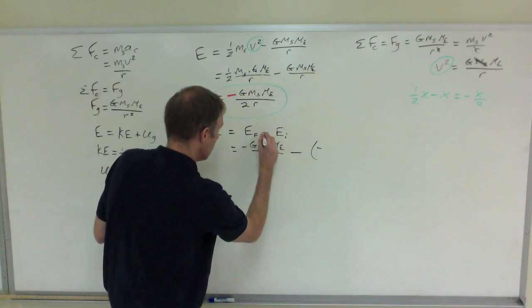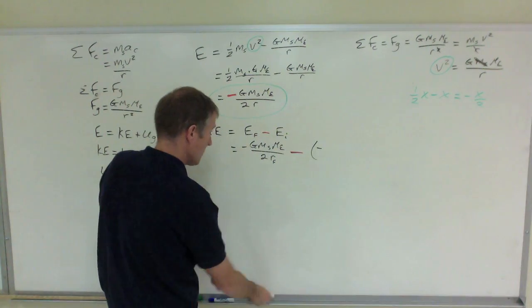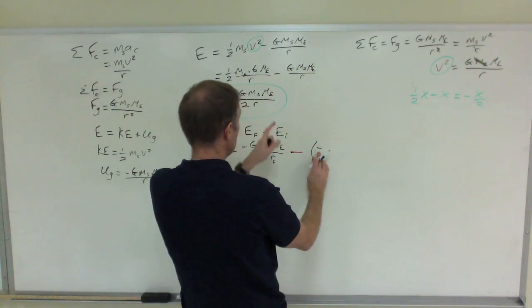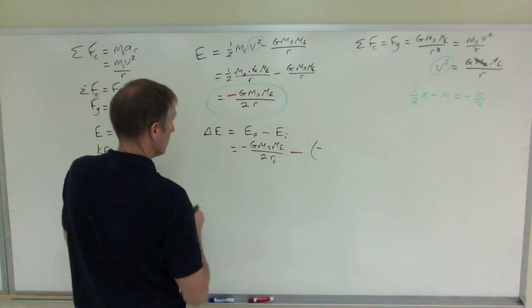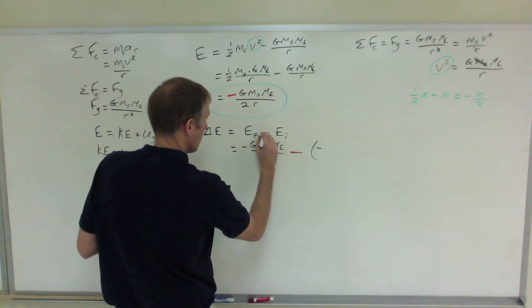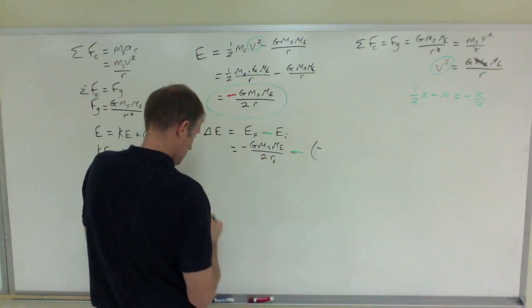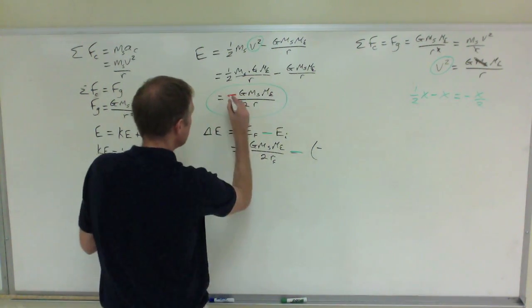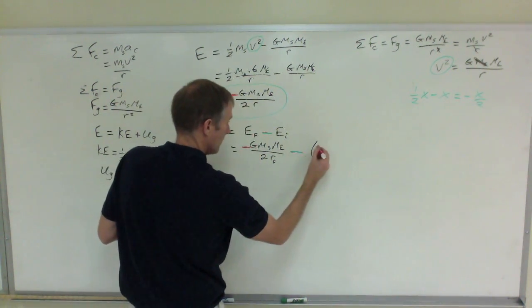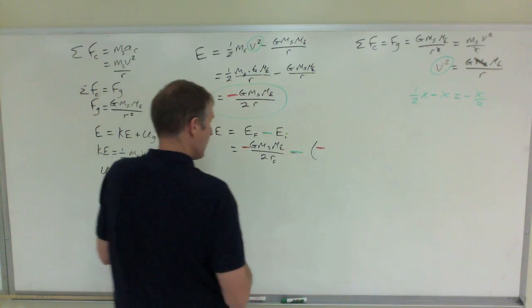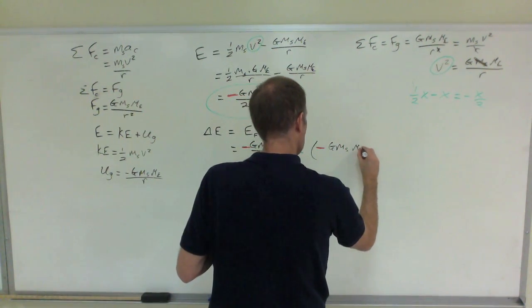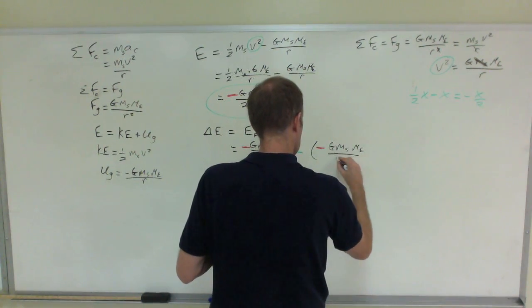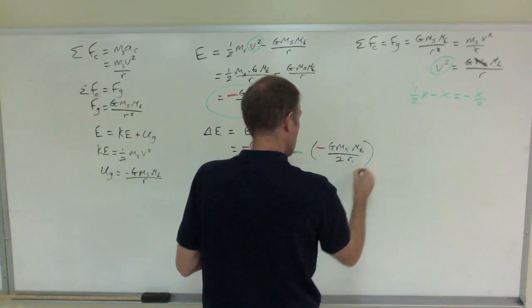That's that negative. Minus negative, because negative is built into this. I ought to color code these differently. That negative's there. This negative is that one and that one. So minus G, mass of the satellite, mass of the Earth, all over 2RI.